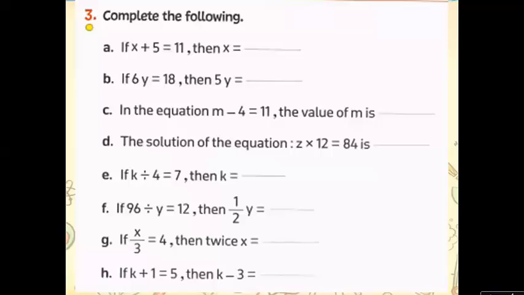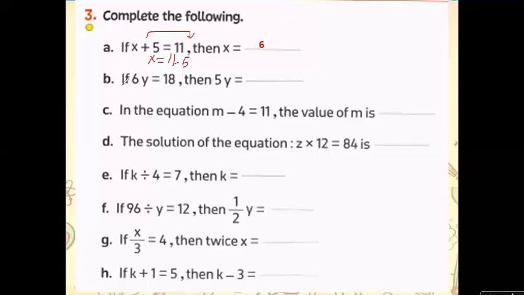Complete the following. Letter A, if x plus 5 equals 11, then what is x? I'm going to put plus 5 outside, so x equals 11 minus 5, which equals 6. If 6y equals 18, 6y means 6 times y.